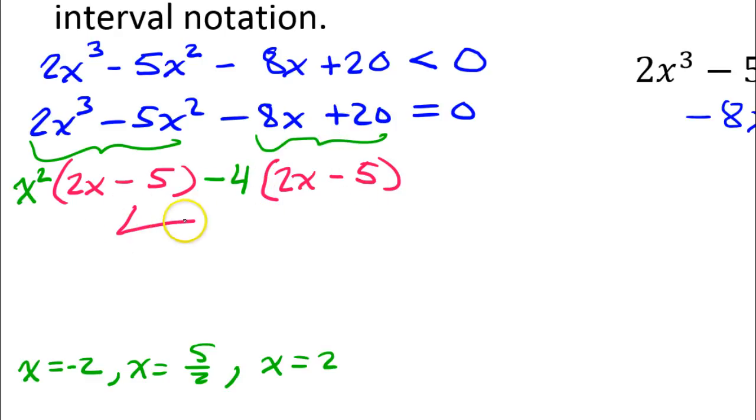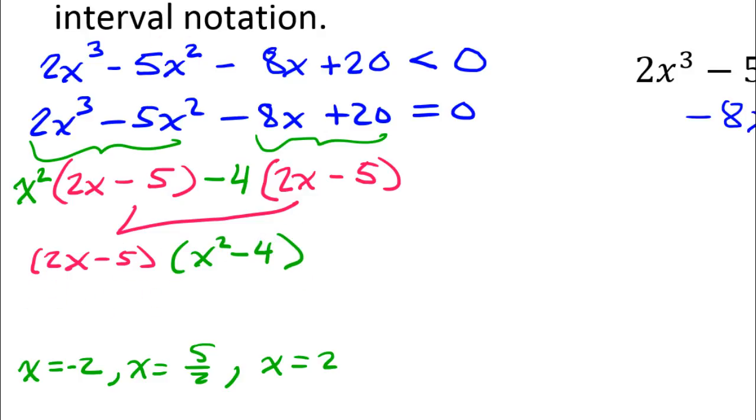Now I notice that I have the same factor twice. So 2x minus 5 is a common factor, so I'm going to pull that out front. I'm going to undistribute it. I'm going to factor it out, and that's going to leave behind the green part, which is x squared minus 4. So I have a factor of 2x minus 5. I'm going to bring that down.